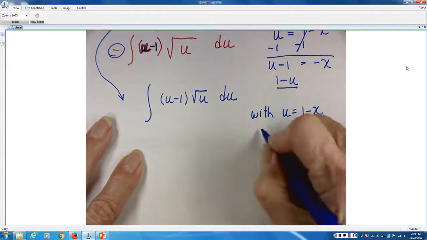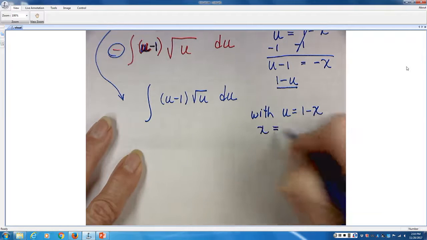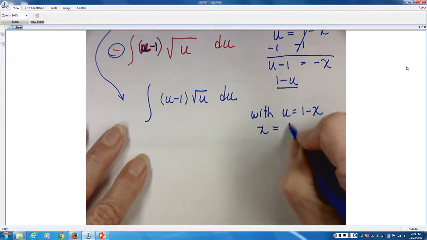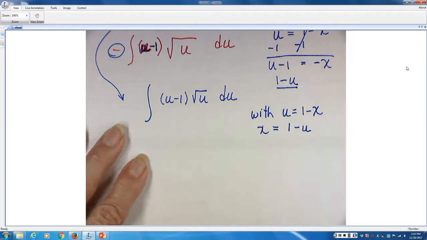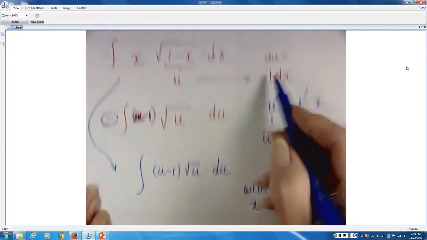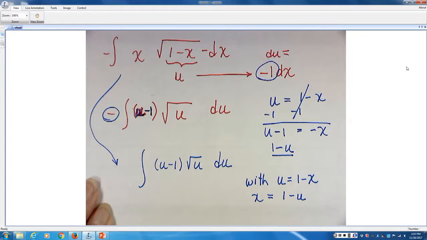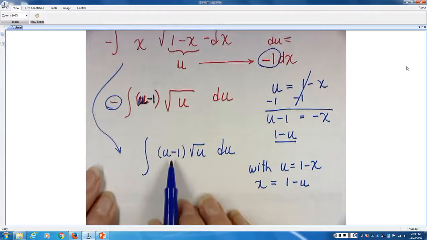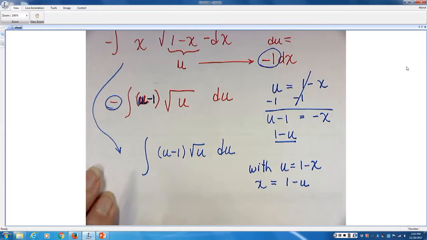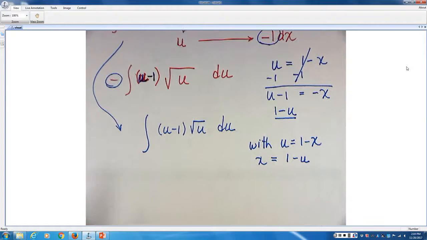And then x is equal to 1 minus u, but because we have that negative that we had to bring in from here, it's going to flip this back around to be u minus 1. And then we don't have to have the negative on the outside. Now I know it doesn't look an awful lot better, but we can actually do this one now.